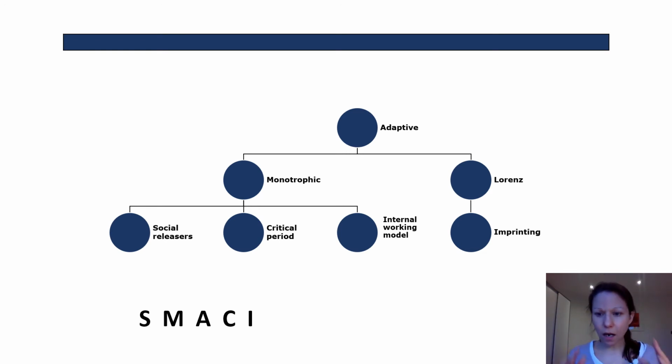And the last I is internal working model. This is that blueprint, and this is where it links with Lorenz's idea of imprinting. Okay, so our I in SMACI is internal working model, but actually it massively links with Lorenz's imprinting. So let's just pause, take a step back. Imprinting, what was that again? Think to yourself.